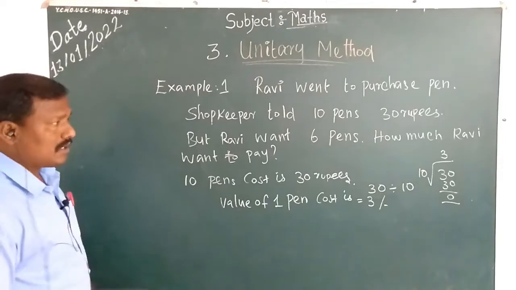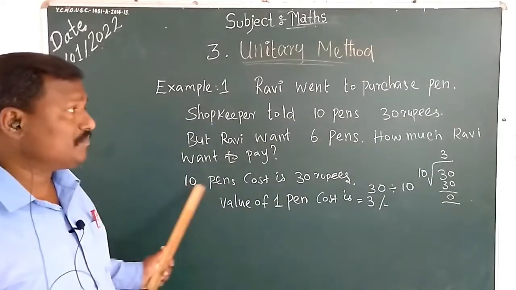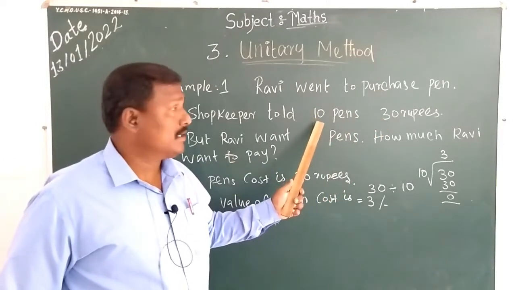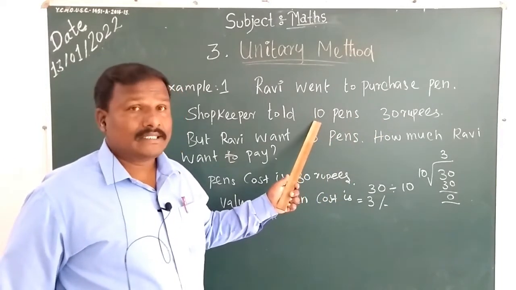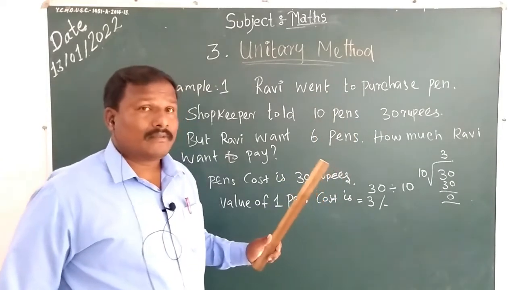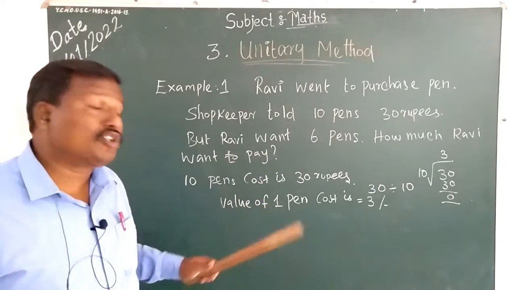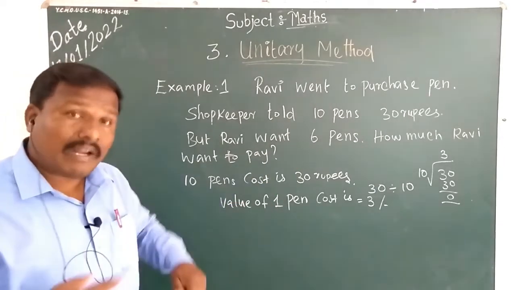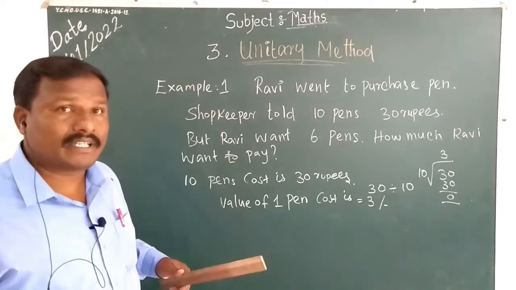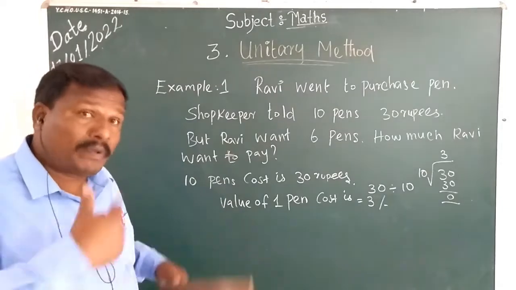Okay, so see, understand the situation. 30 rupees for 10 pens. The shopkeeper told Ravi 10 pens are 30 rupees. The shopkeeper didn't tell how many rupees for 6 pens. So Ravi wanted to calculate himself, because he knows division and multiplication, and he wants to pay the money.